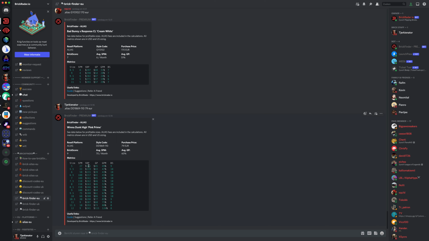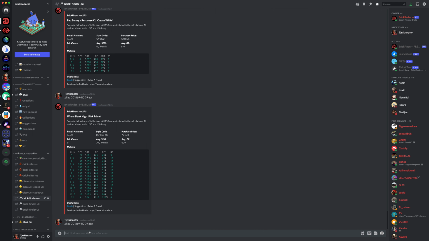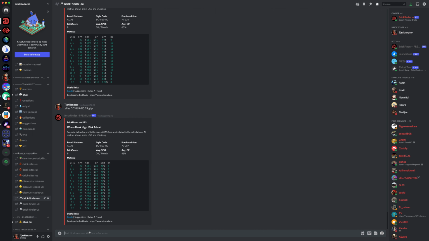Also a good thing to know is that the bot is supporting almost all major currencies. So for example, I can also use sterling pound. And then, as you can see, the results are always in US dollars. But as you can see, the results are different, right?